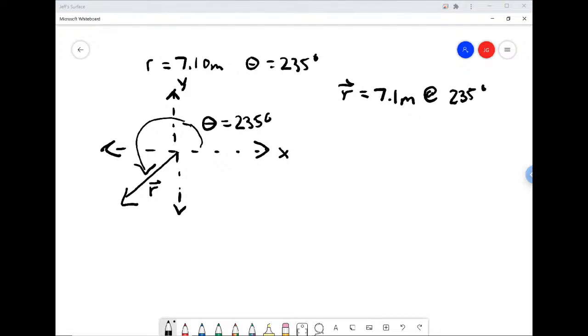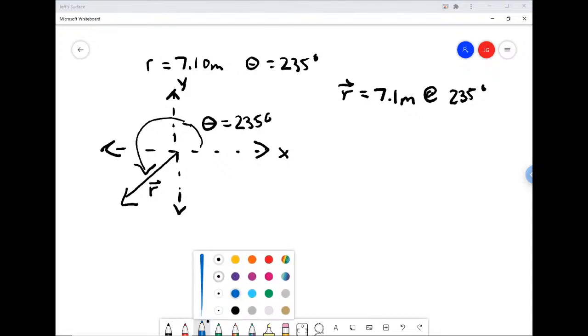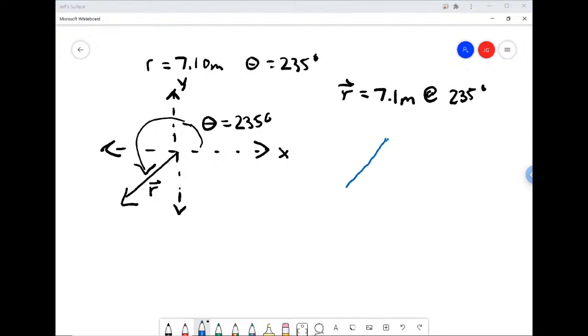235 degrees. All right, but last time we talked about, let's change colors here. We talked about, let me redraw this vector over here. I'm going to drop the vector notation.